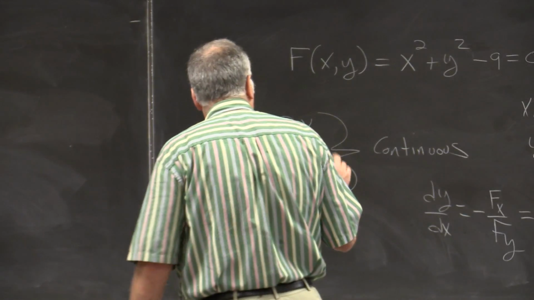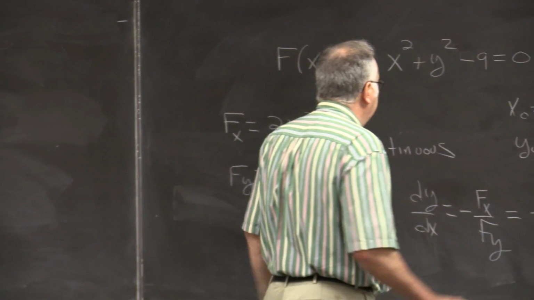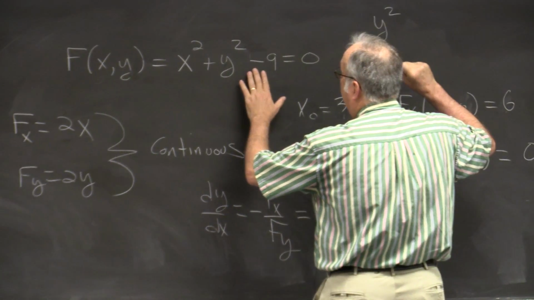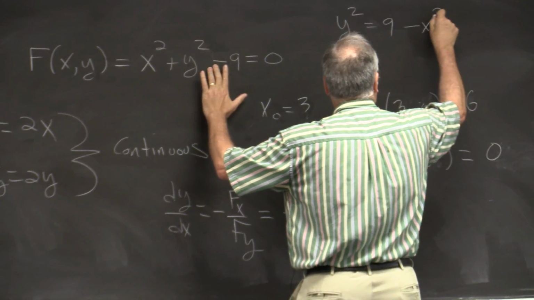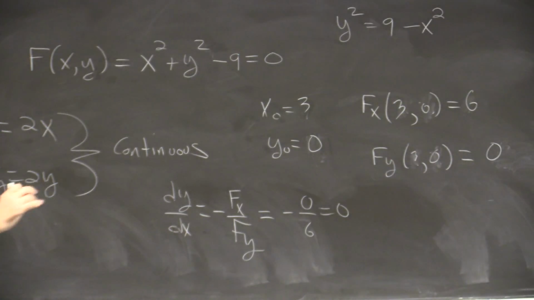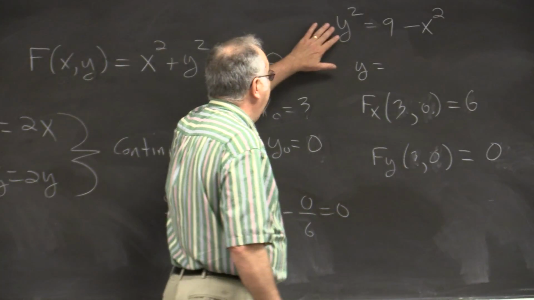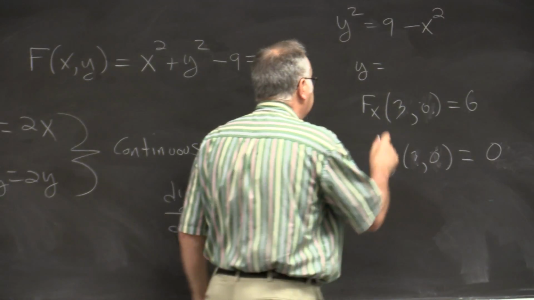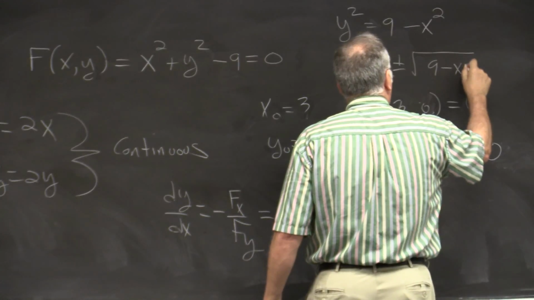Another way to look at this is, let's rewrite this equation. You could rewrite this equation as y squared equals 9 minus x squared. Take the square root of both sides, and realizing that a minus number or a plus number for y gives you the same, the solution is y equals plus or minus the square root of 9 minus x squared.